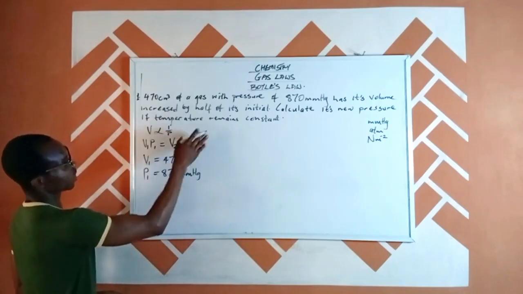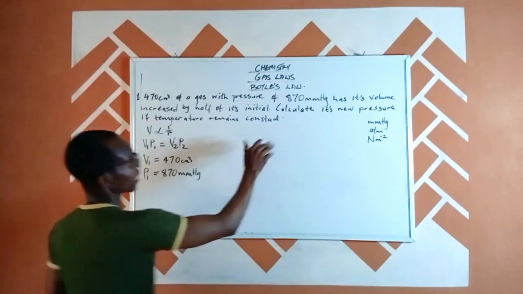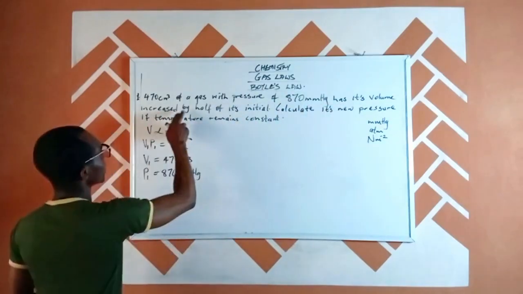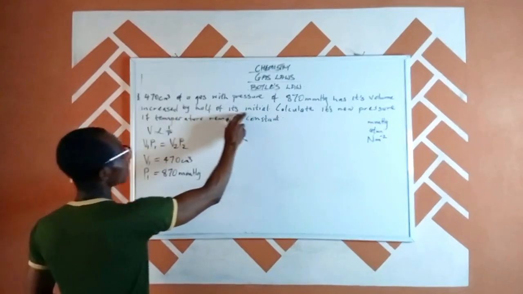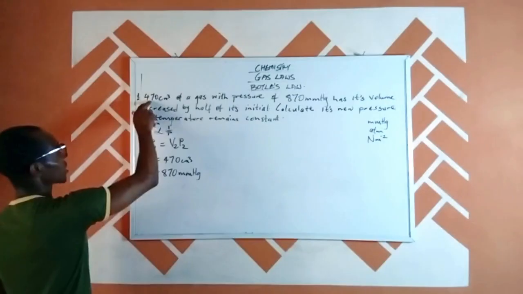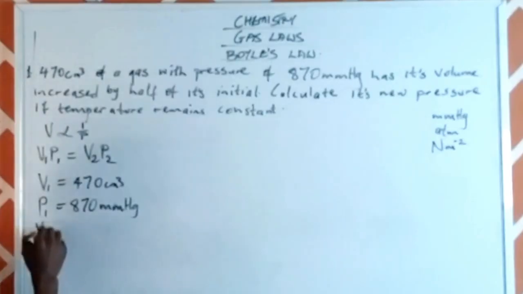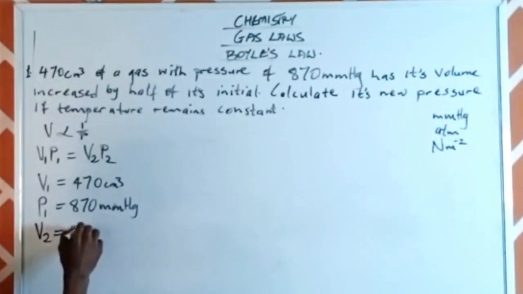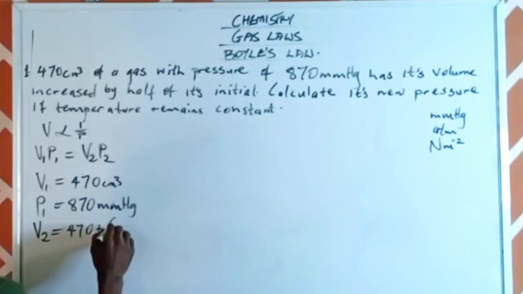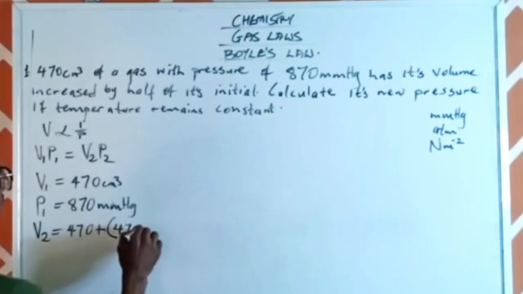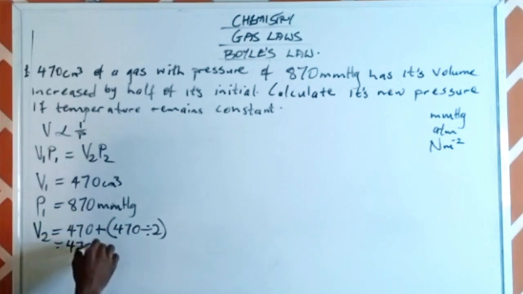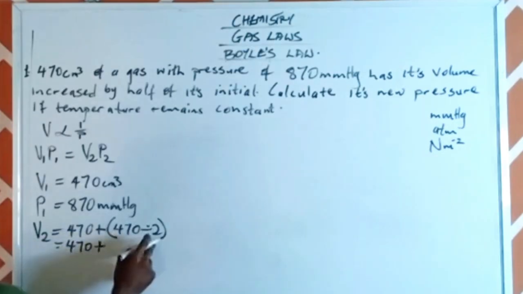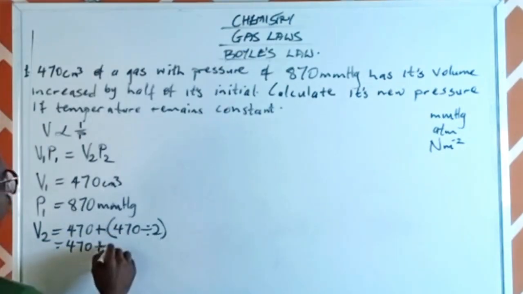And so let us see. The question goes down. It says it has its volume increased by half of its initial. So half of the initial volume, that is half of 470. So that means our V2 is 470 plus 470 divided by 2. 470 divided by 2 is going to give us 235.